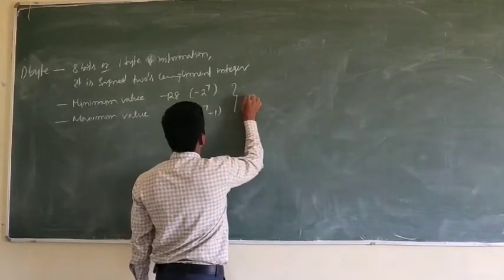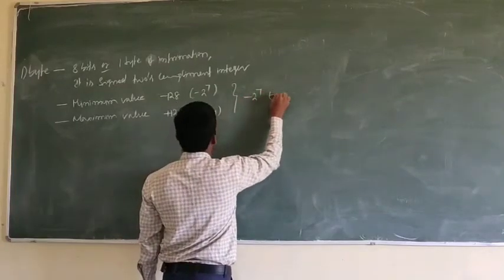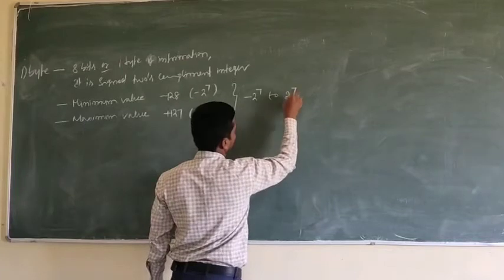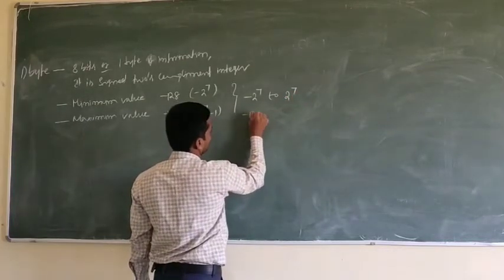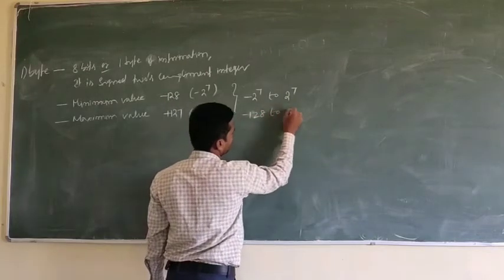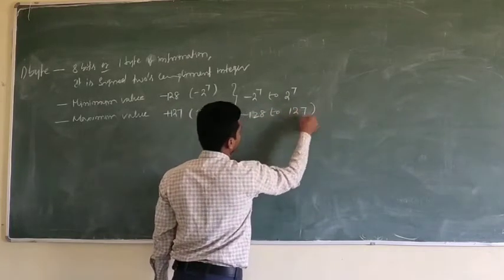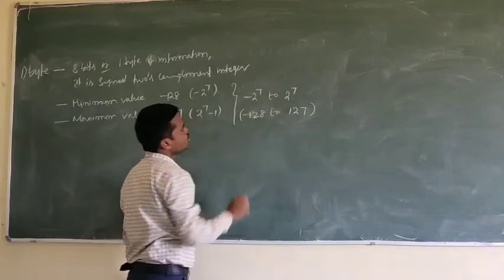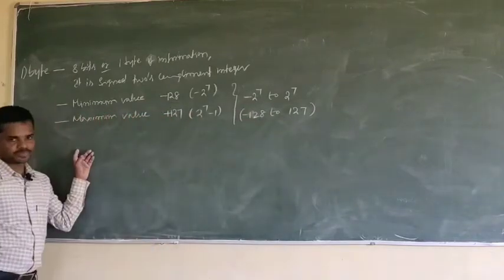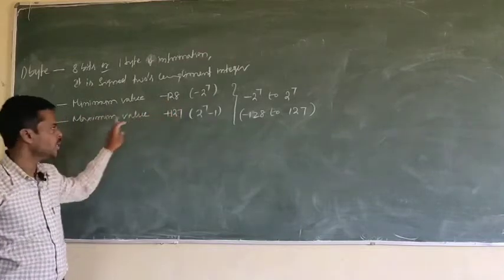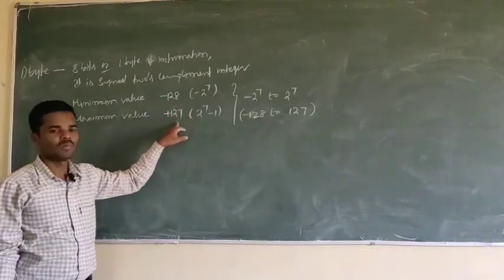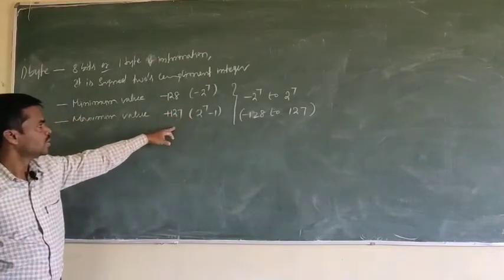Minus 2 to the power of 7 to 2 to the power of 7 minus 1. We can represent this as minus 128 to plus 127. This is the range of values of byte type. Byte can store a minimum value of minus 128 and a maximum value up to 127.